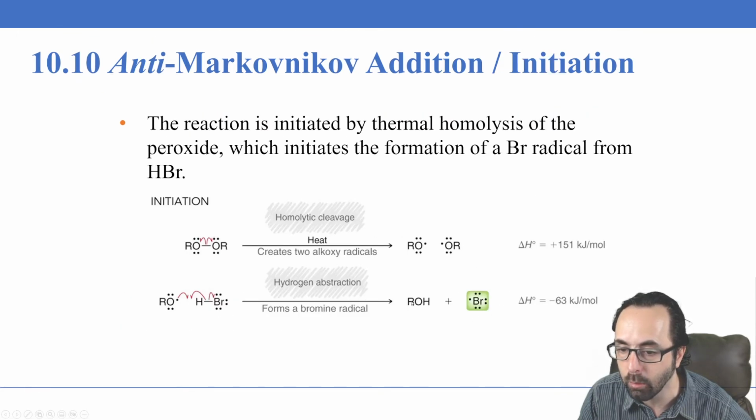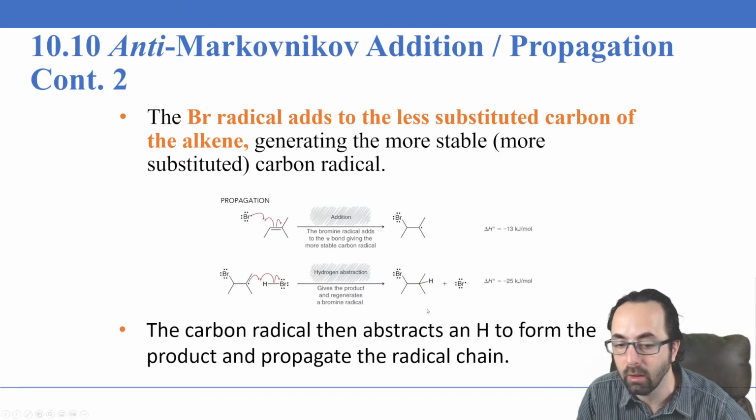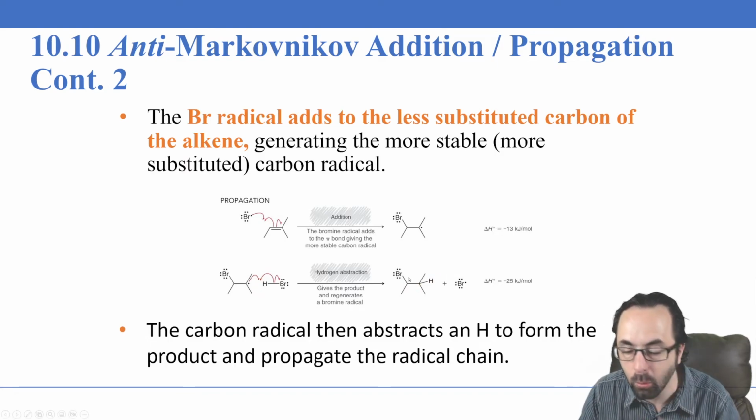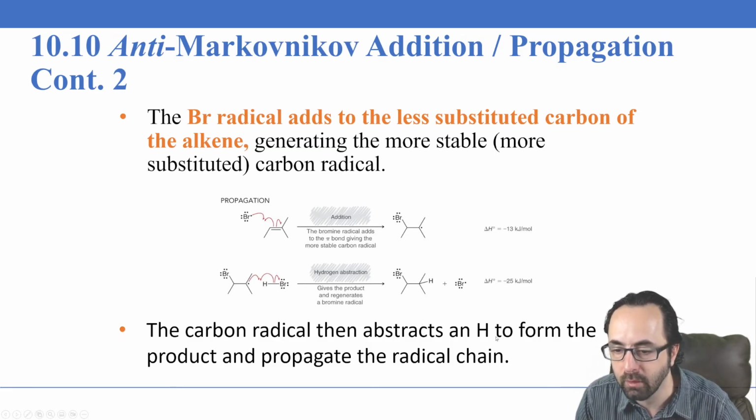Remember that HBr can be produced by hydrogen abstraction somewhere else, and we get now the final product here, where the bromine is attached in the less substituted position. So the carbon radical extracts the hydrogen and produces the final product.